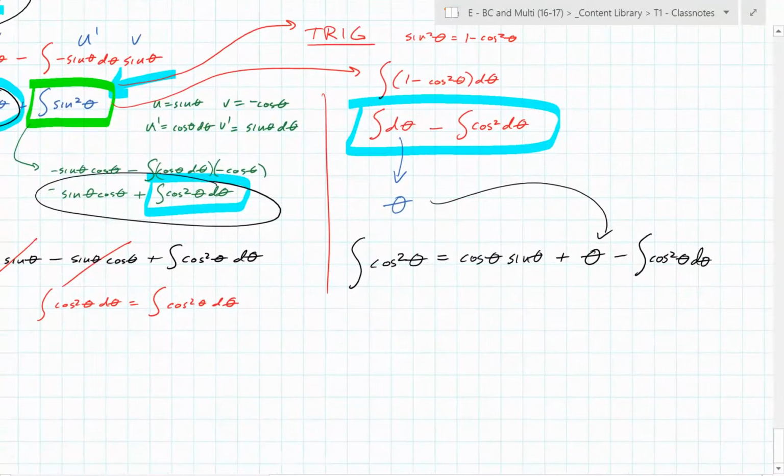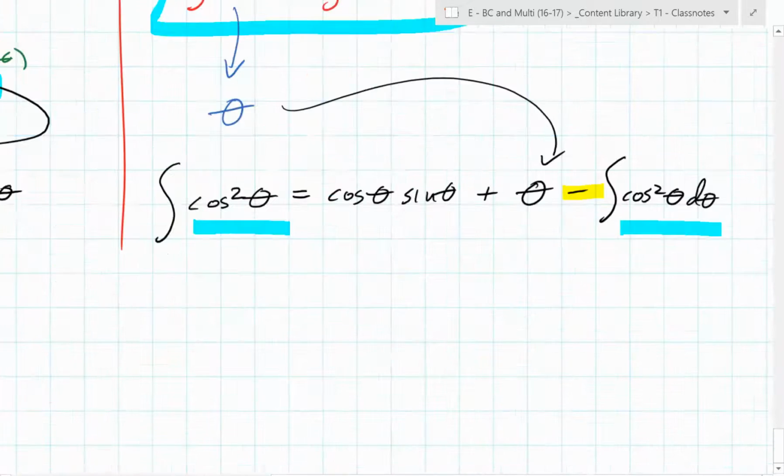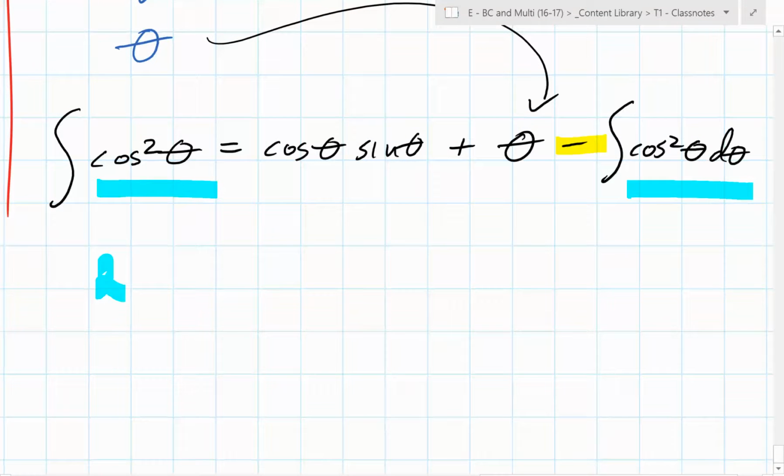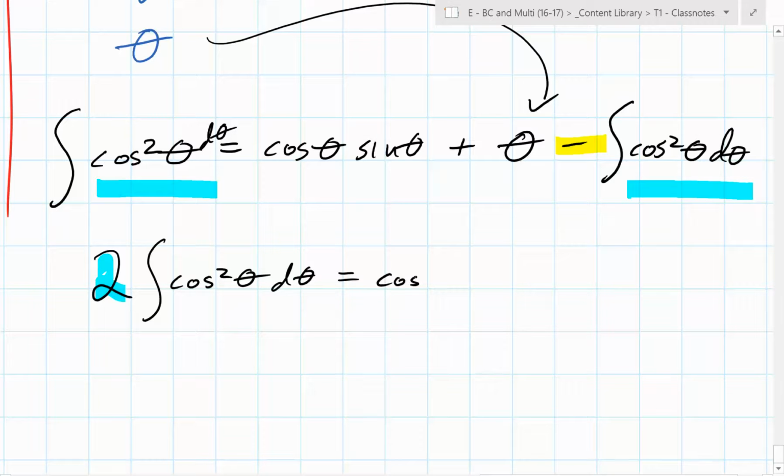Okay, that's exciting. Fantastic. So what can we do at this point? Well, this is still negative, so we can add it to the other side. Now we have two of these things. So we end up with 2 times the integral of cosine squared theta d theta, and this is going to equal cosine theta sine theta plus theta.